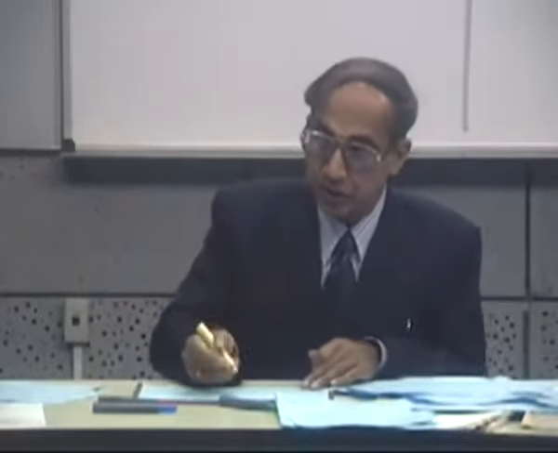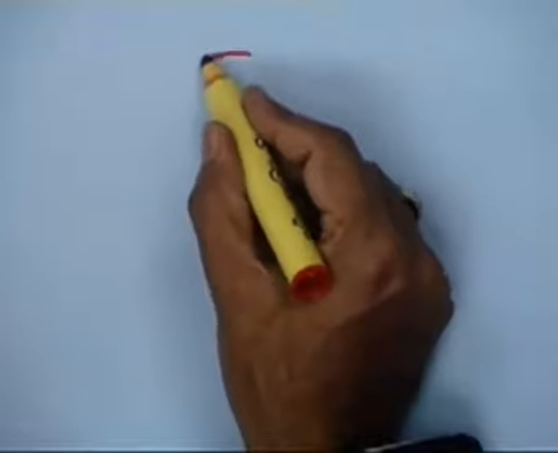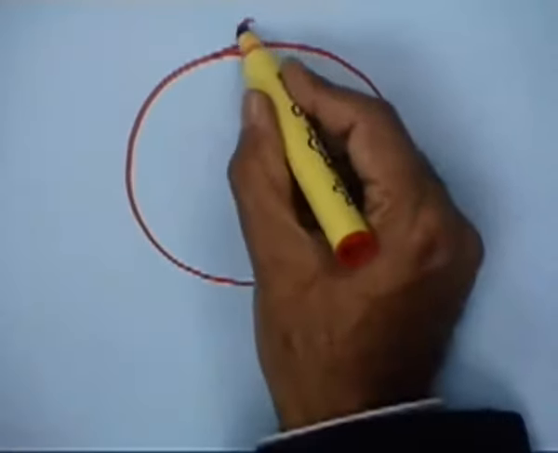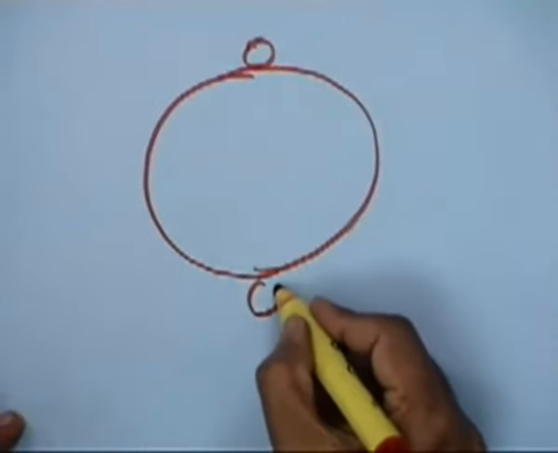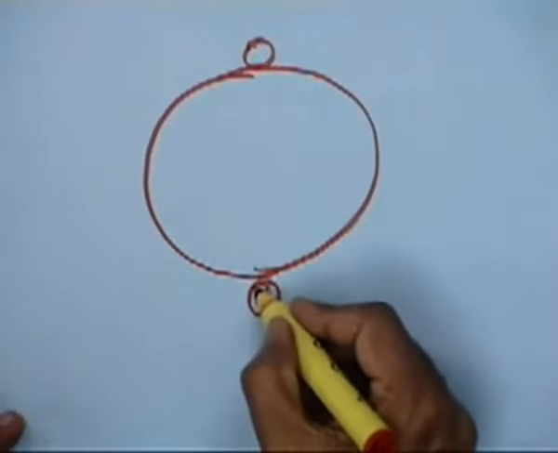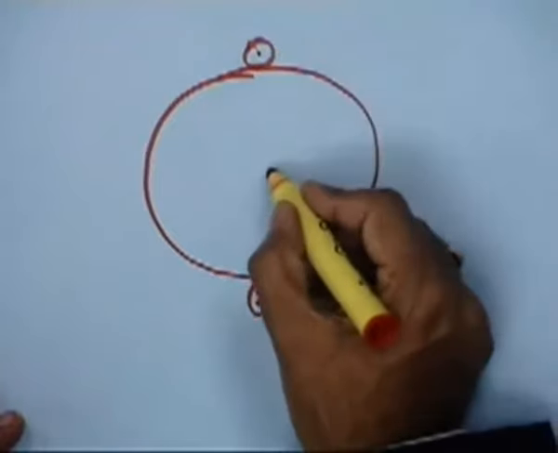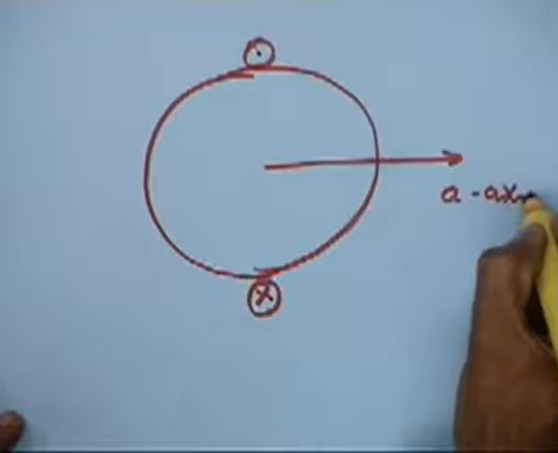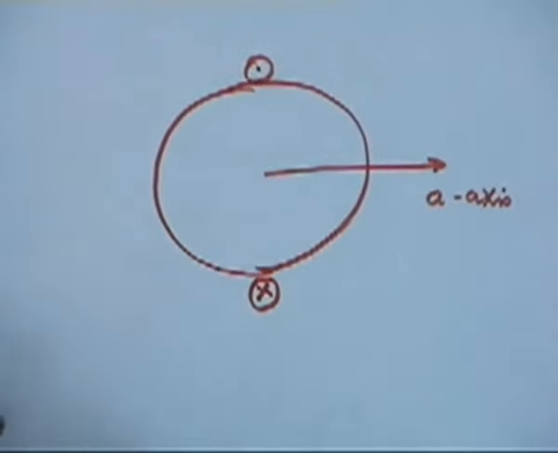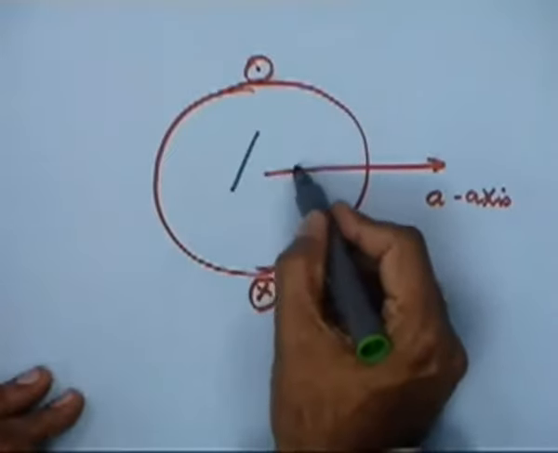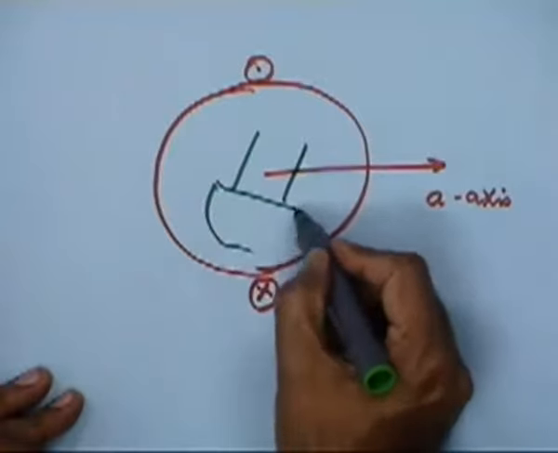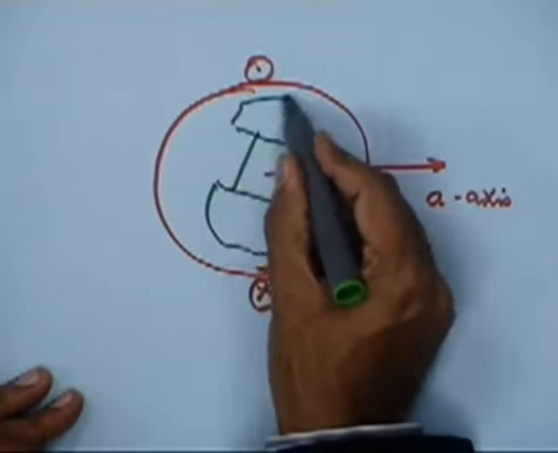So we are trying to visualize a situation in which you have a winding in the stator. Let us say this is the A winding with an A axis, and the field winding in the rotor, something like this.